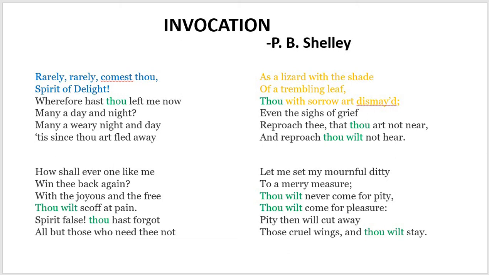His sighs are a kind of rebuke to the spirit of delight, but rebukes and complaints have no effect upon the spirit of delight, which means the spirit of delight comes only to those who are happy, not to those who are sad.